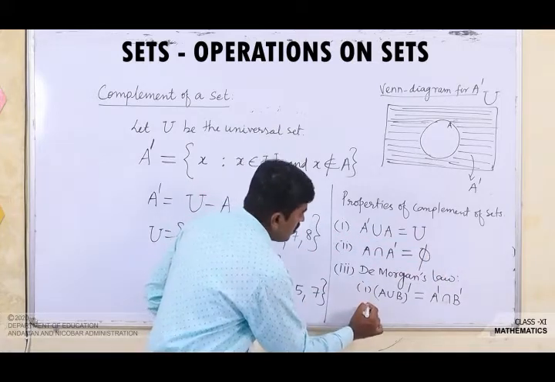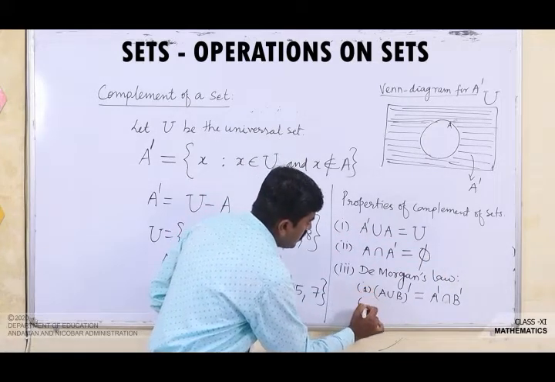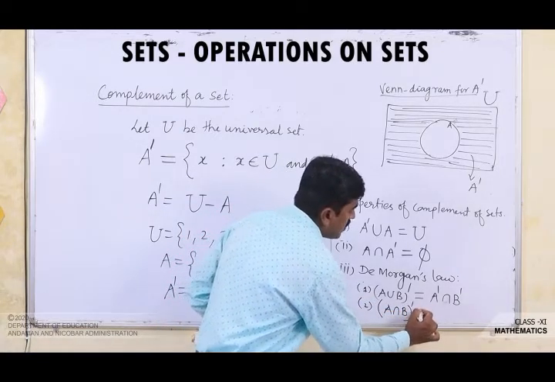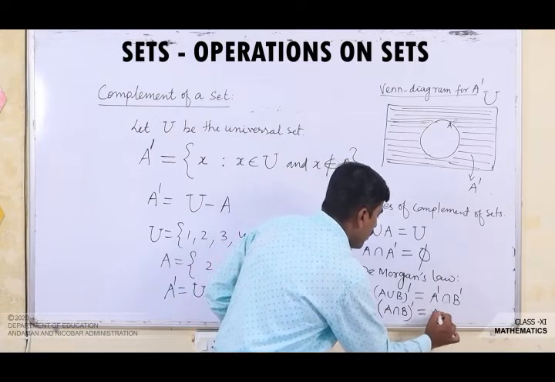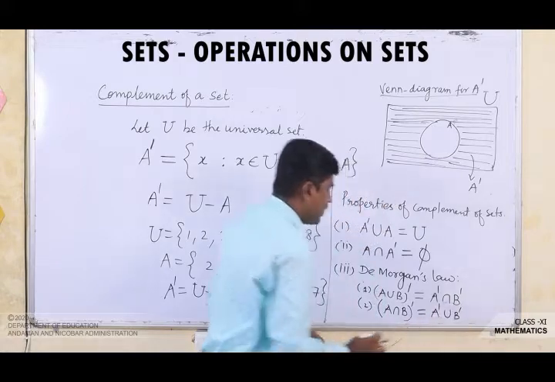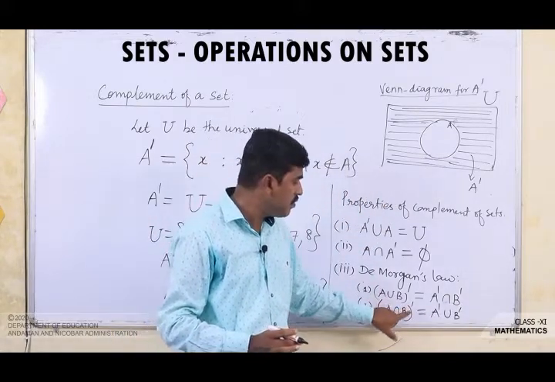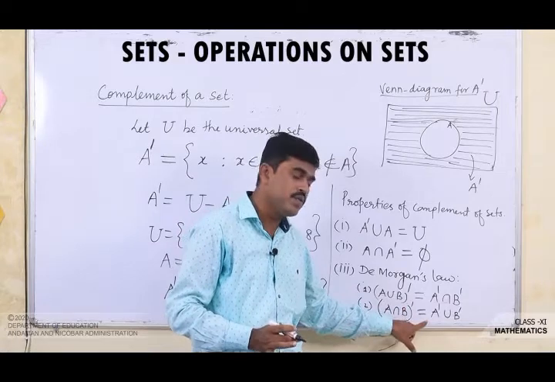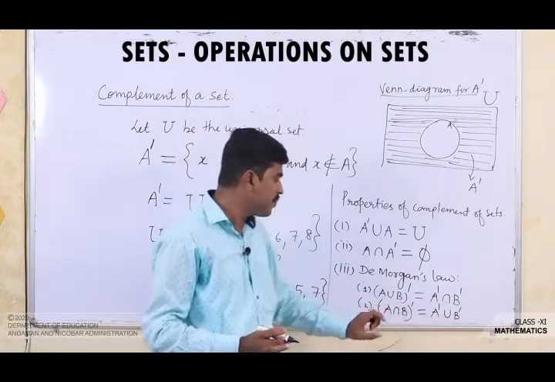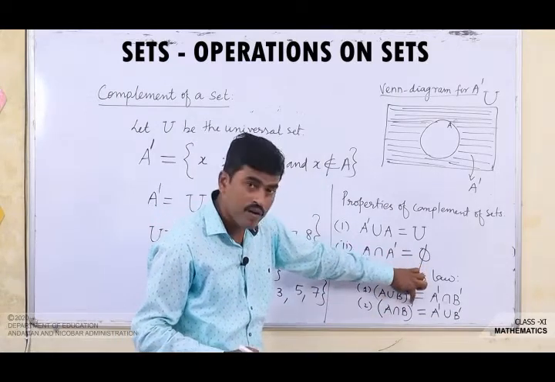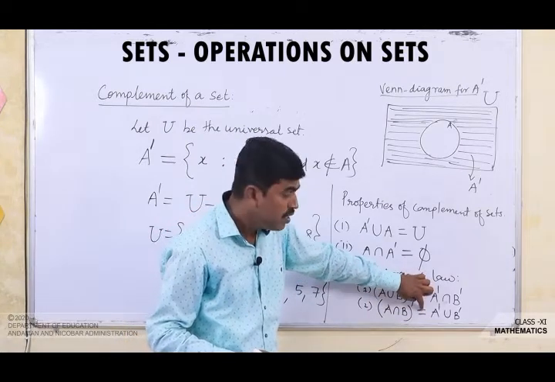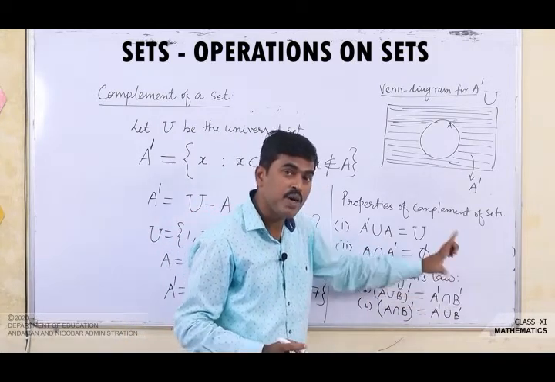Next De Morgan's law is (A intersection B) whole complement is equal to A complement union B complement. That means the complement of the intersection of two sets is equal to the union of their complements.